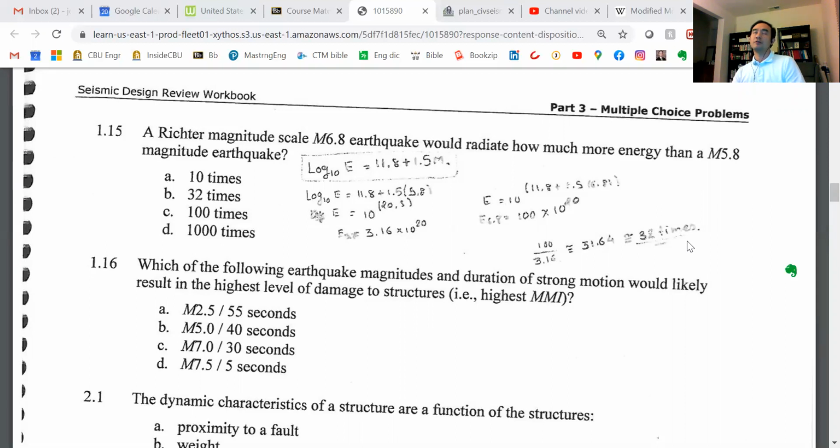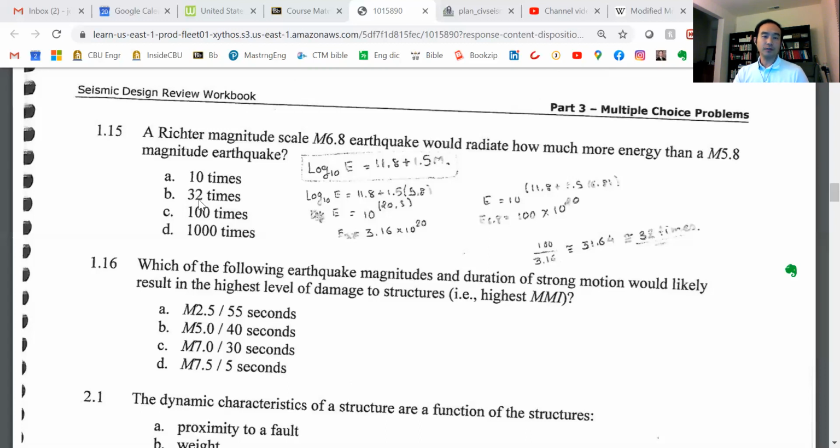So that means not just from 5.8 to 6.8. For example, magnitude 3 earthquake to magnitude 4 earthquake, or 4 to 5, or 5 to 6, 6 to 7. Any times when you see the difference in magnitude of 1, in terms of the energy, it is going to be 32 times, which is really, really big difference, right?